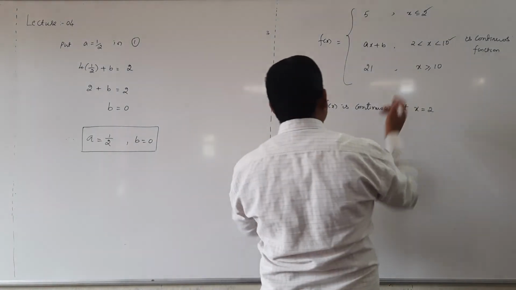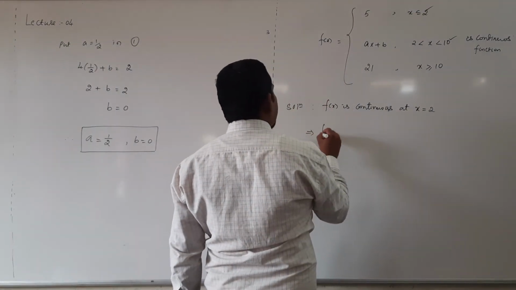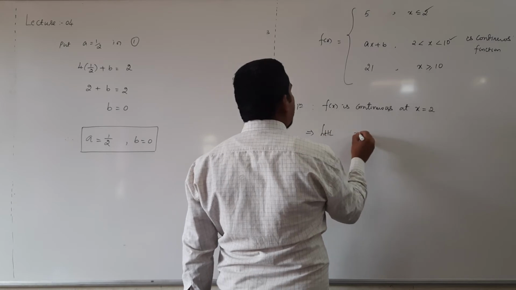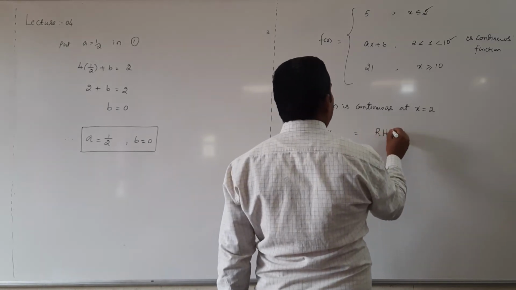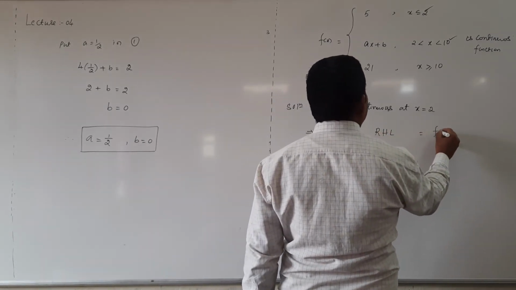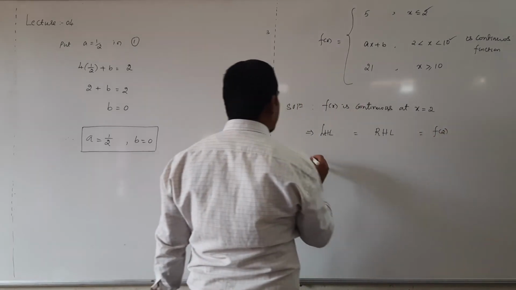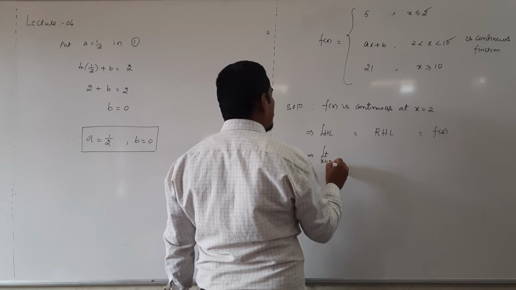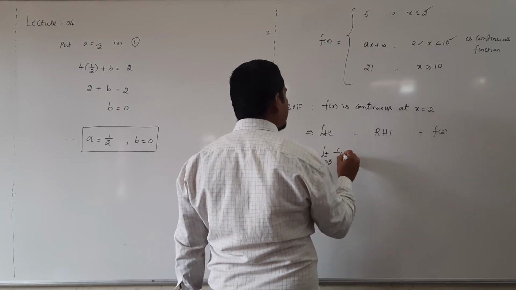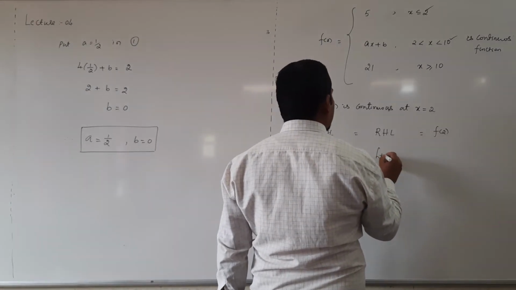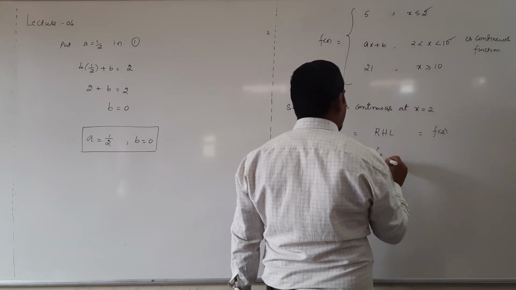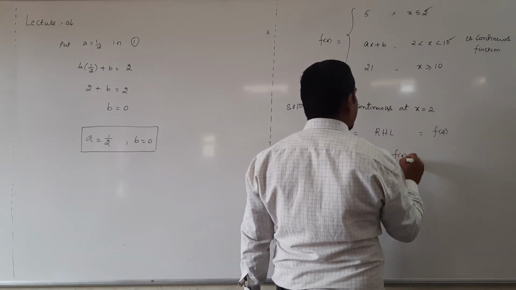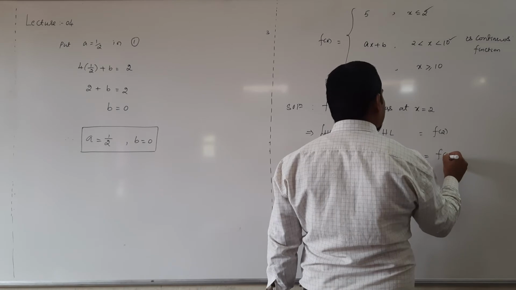So it is continuous at 2. Once it is continuous, left hand limit equal to right hand limit equal to functional value at that point. Then limit x tending to 2 minus f of x equals limit x tending to 2 plus f of x, that's equal to f of 2.